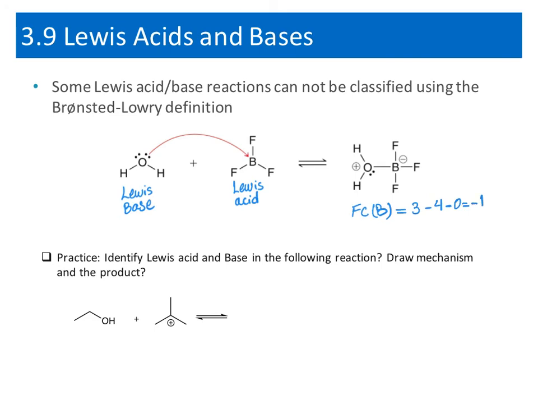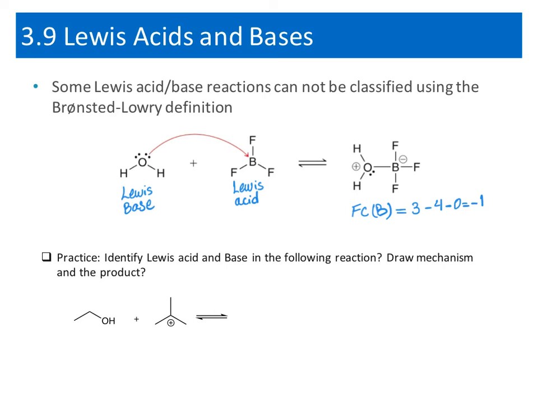Now as a practice, let's look at the example below, draw the mechanism and the product. So think about it for a little bit. Remember, Lewis acid can accept electrons and doesn't have the octet of electrons. So we first draw the lone pairs on oxygen, and then we have a carbocation here. So we know carbocation has only 6 electrons, so it doesn't have a full octet.